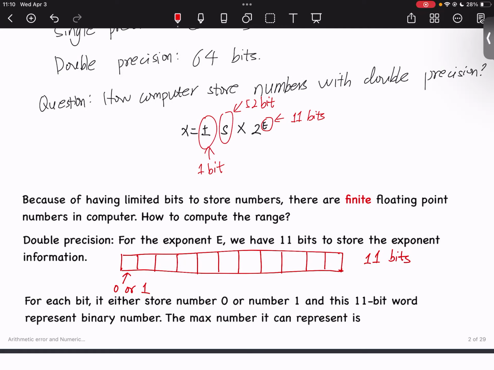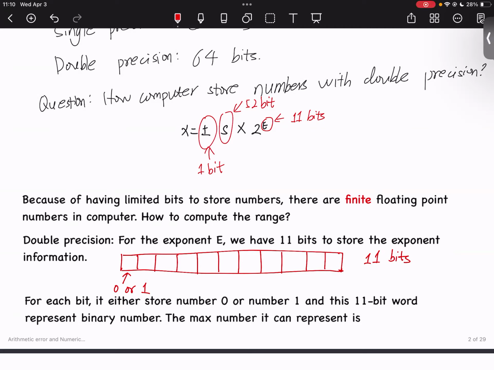We have 11 bits, and for each bit, we can have either a 0 or 1. So the maximum exponent it can represent should be, because for each bit we have 2 choices, right?